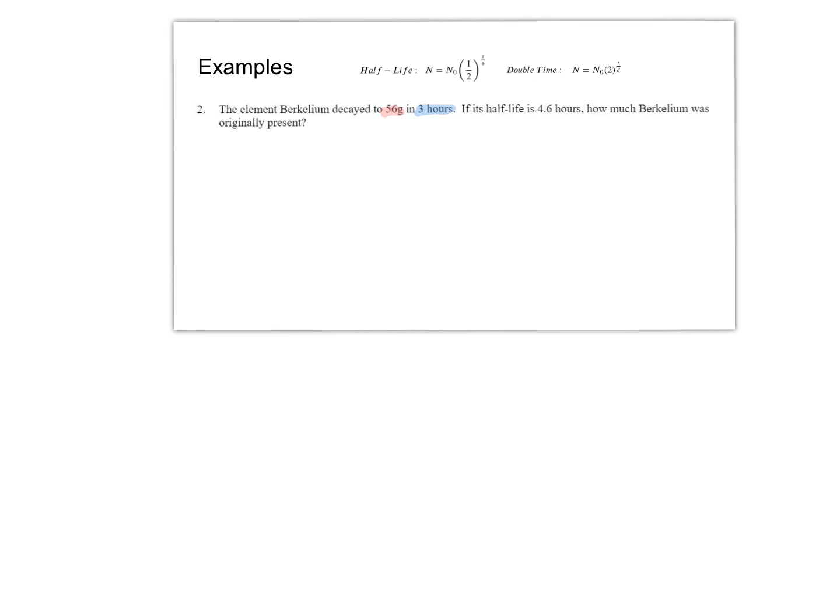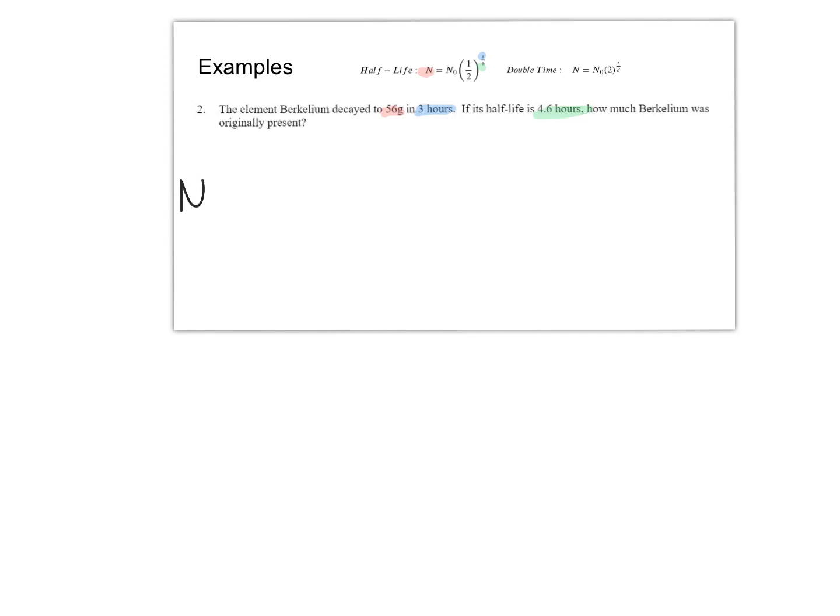Now, it's decaying, deteriorating. That would indicate half-life. So this would be my N, because that's what was there after the 3-hour time period. The half-life of the object is 4.6 hours, so that's my H. And we're looking for how much was originally there.